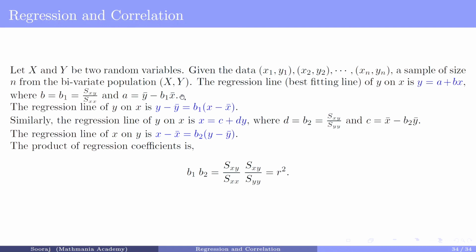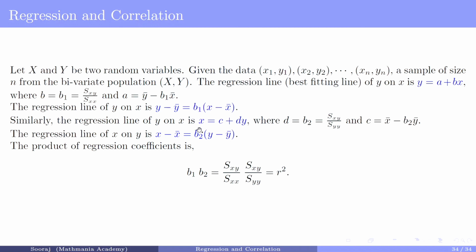In a similar way, we get the regression line of x on y. Sorry, there is again a typo here. The regression line of x on y would look like this.